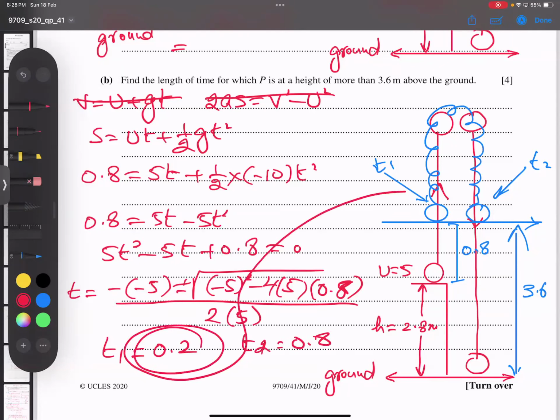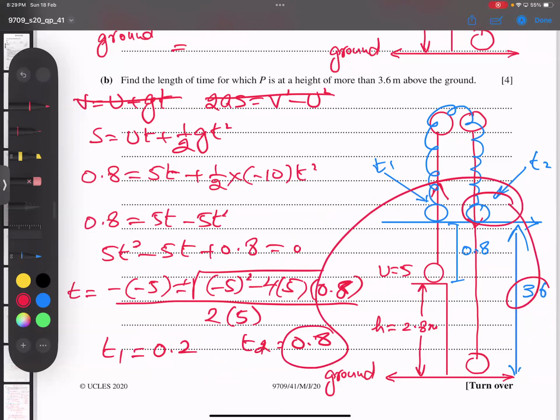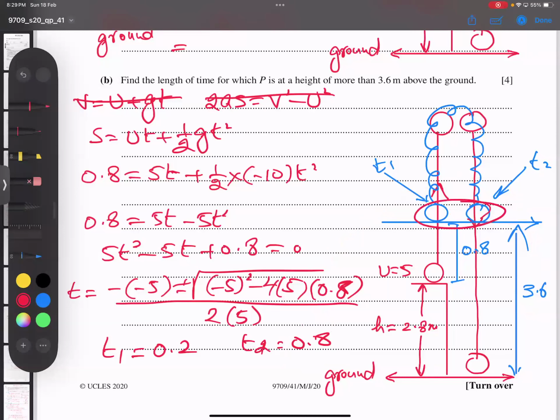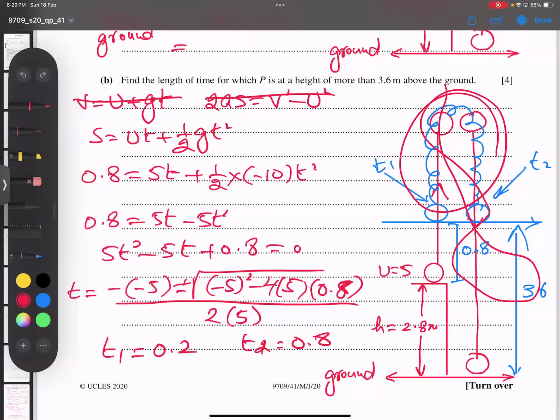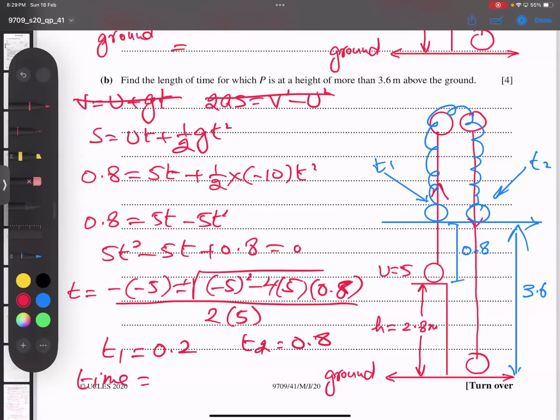This is the time when it reached 3.6 from the ground the first time, and this is the time when it reached the same height a second time. We don't need these two times; we need the time between them, because the whole journey above 3.6 is what he mentioned. So I have to write the time as 0.8 minus 0.2, and I believe you got the whole picture clear and the question is over.